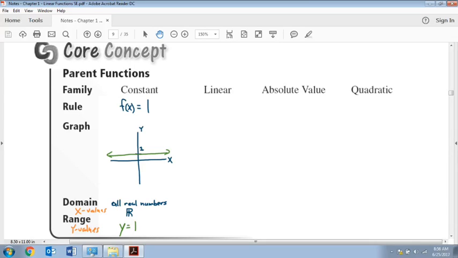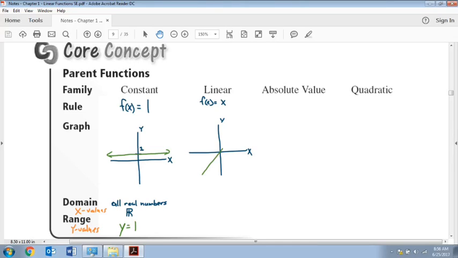Linear you dealt with extensively in Algebra 1, but remember, that is f of x equals just x. Remember the whole y equals mx plus b? That is a linear function, but this is the parent function, the most basic form that is still linear. If I draw my x and y axis, the parent function goes straight through at a 45-degree angle.